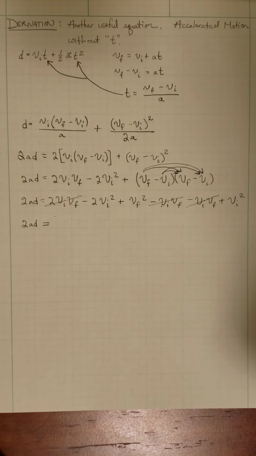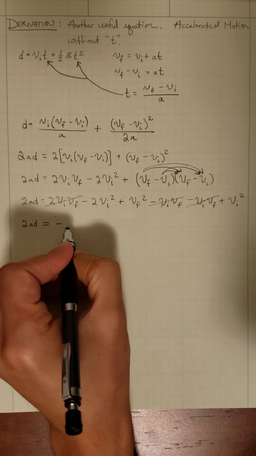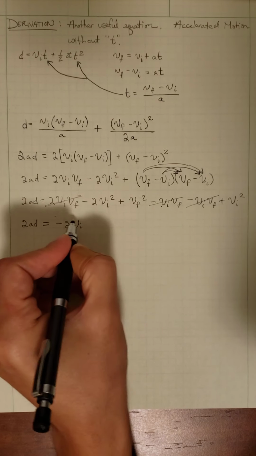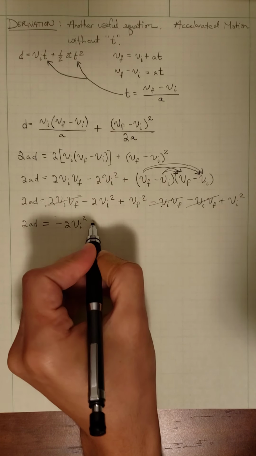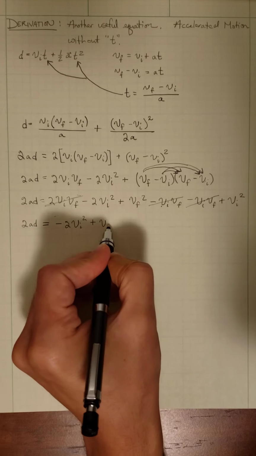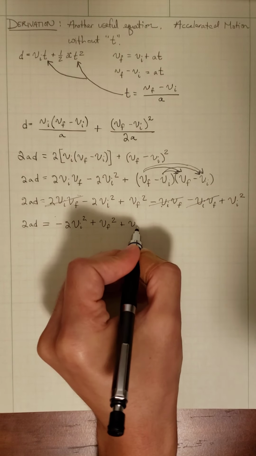Okay. Now I'm left with minus 2 vi squared plus vf squared plus vi squared.